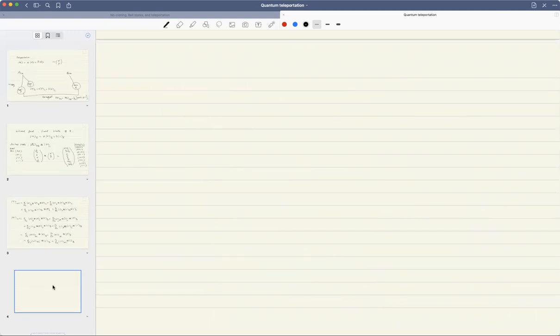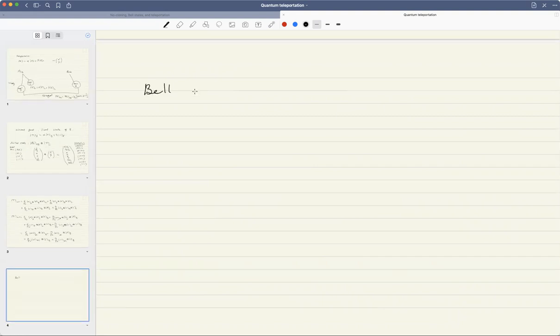So let's remind ourselves what the Bell states were. As a reminder, we said the first Bell state is 1 over square root 2, 0, 0 plus 1, 1. The next one is 1 over square root 2, 0, 1 plus 1, 0.